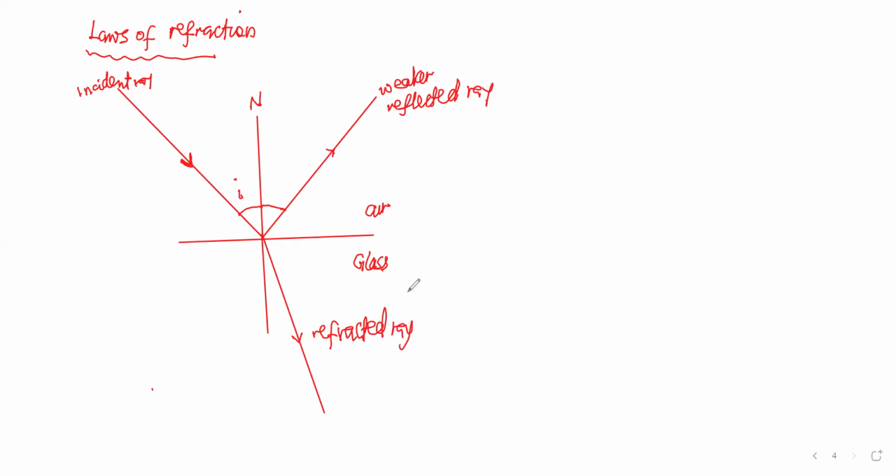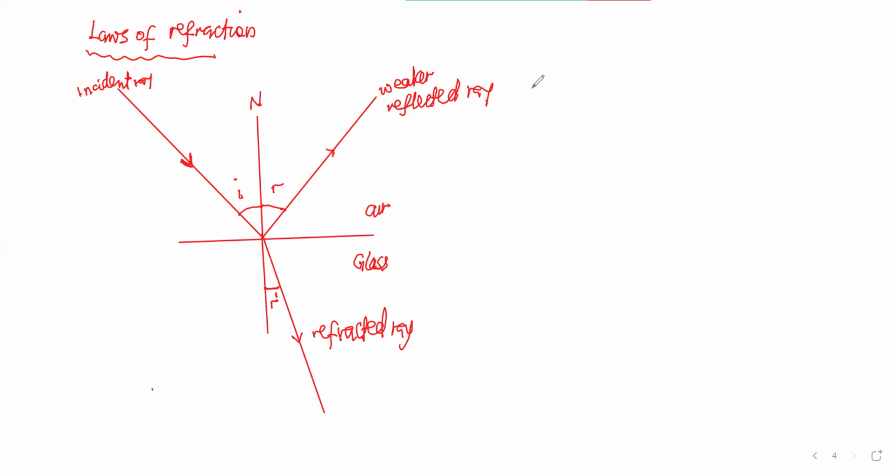So whenever light travels from a less dense medium to a more dense medium, the refracted ray is bent towards the normal. Okay, so we call this angle the angle of refraction, R prime. We'll call this the angle of reflection.